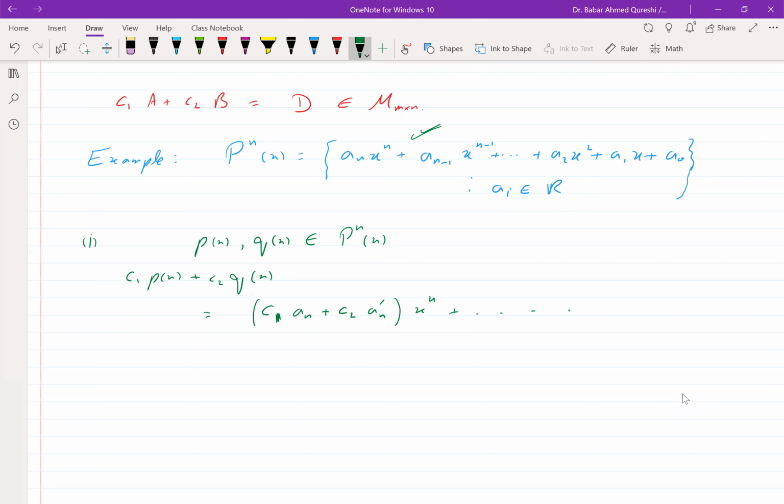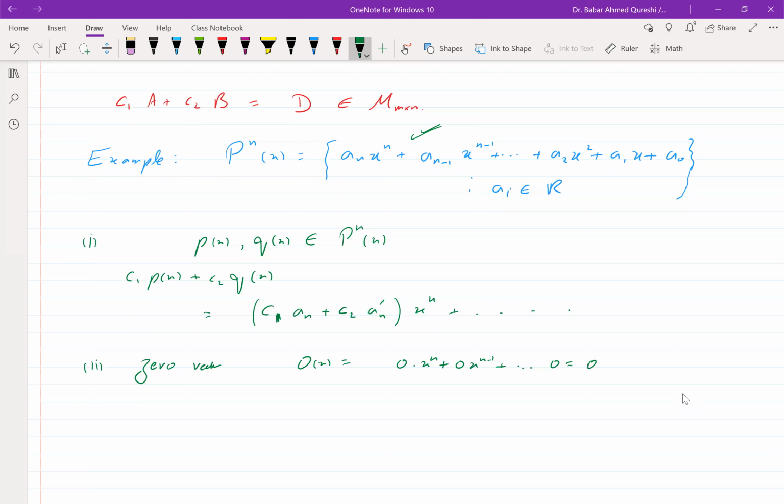What would be the zero polynomial over here? Zero vector would be just this polynomial where you put all the coefficients equal to 0, and that just is a zero number, because you add that polynomial to any polynomial, it doesn't change.